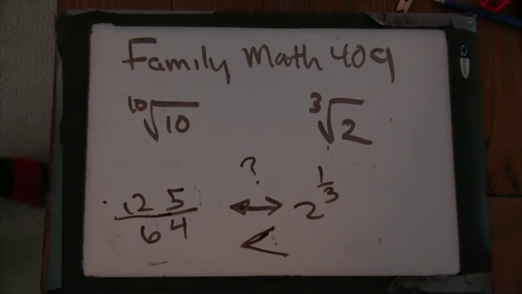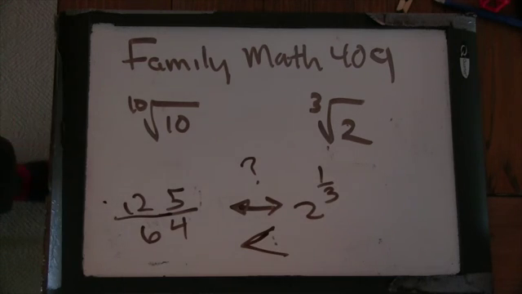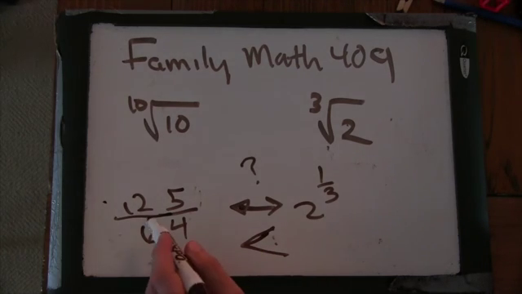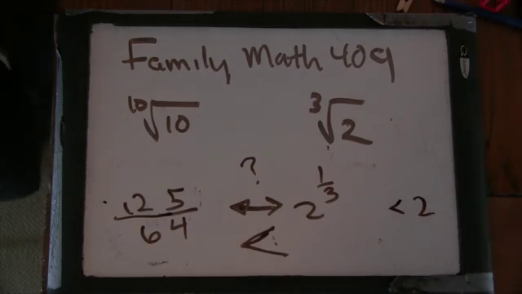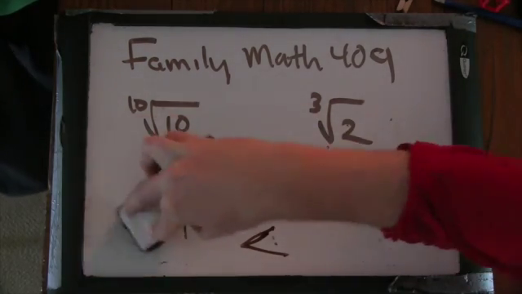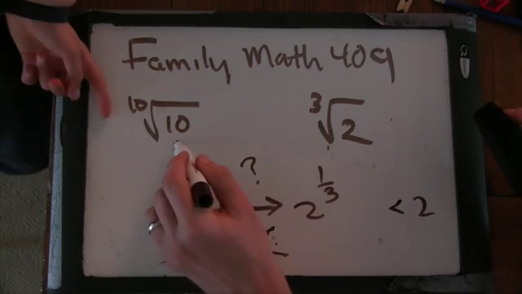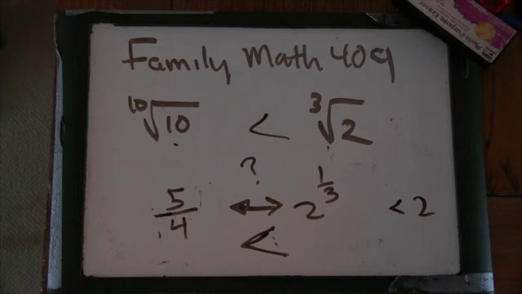It's just a little less, since 128 would be 2. So 125 over 64 is less than 2, which means 5/4 is less than 2 to the 1/3, which means the 10th root of 10 is less than the cube root of 2. Cool. Now let's see if that's true or not.